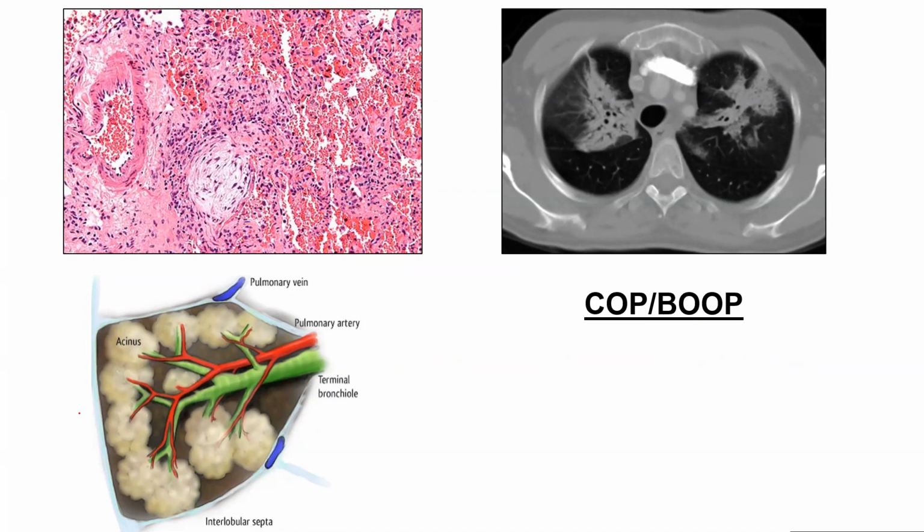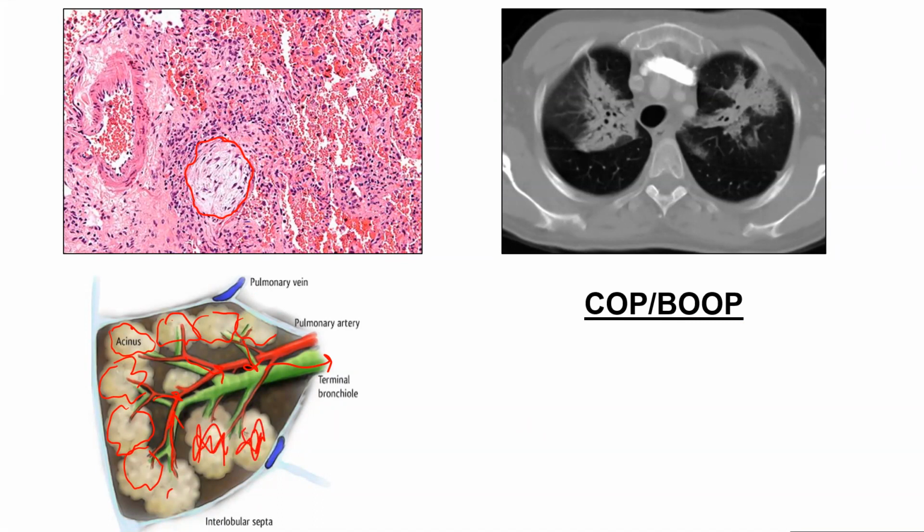So what this is, is some sort of alveolar injury. Once they get that alveolar injury, they get inflammation, and they get plugging of inflammatory debris into their smaller airways, and then they get complete alveolar filling with inflammatory debris.